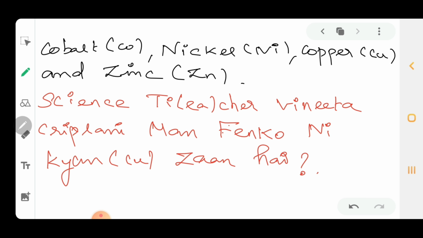So the mnemonic in order to remember our period 4 elements is nothing but: Science teacher Vinita Kriplani ma'am Phenoconican Zanhai. So if you decode this, the Sc represents our first element scandium, the Ti represents titanium, V represents vanadium, and then Cr represents chromium, and then this one represents manganese, and then Fe represents iron, and then Ni represents nickel, and then this is representing our copper, and then Zn is representing our zinc.